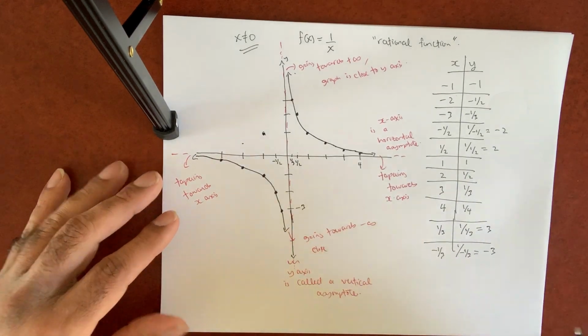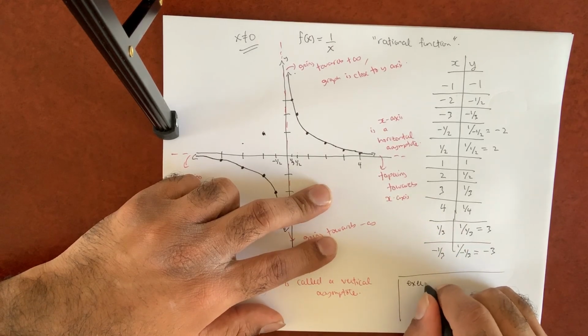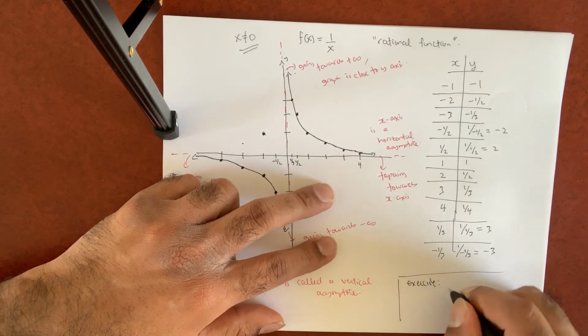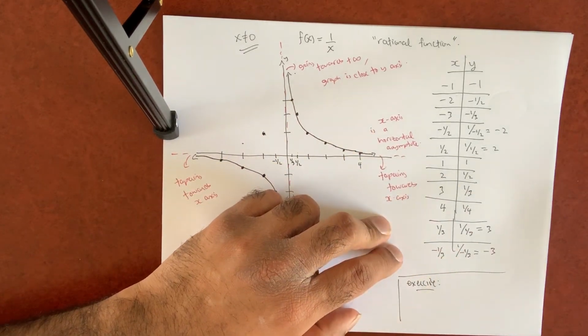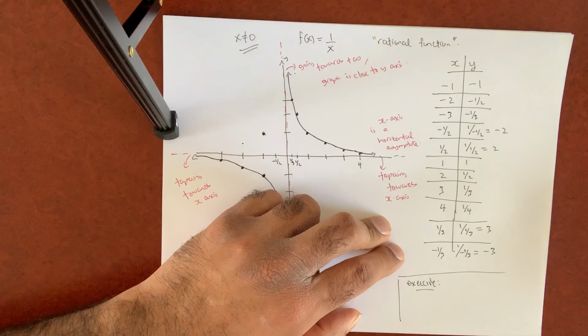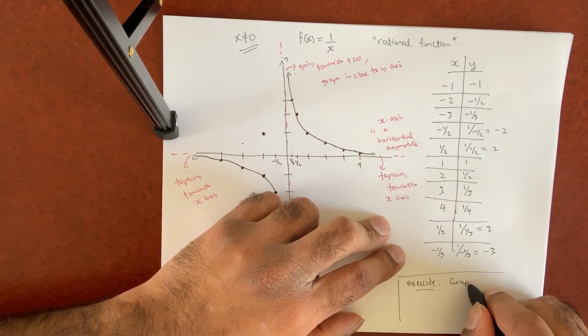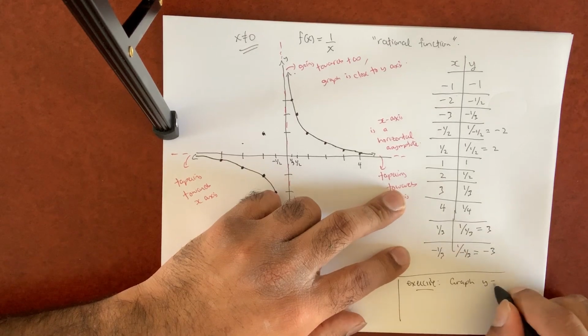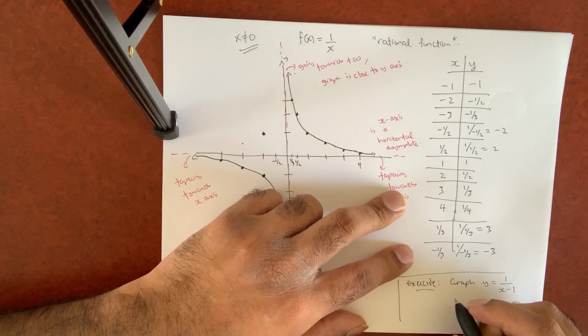So let's stop here and leave you with an exercise, which is going to be something similar to what we just did, and that is to graph y equals 1 over x minus 1.